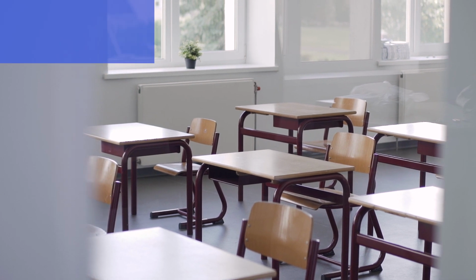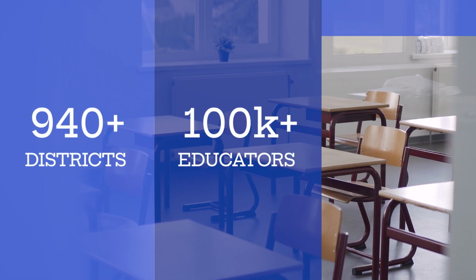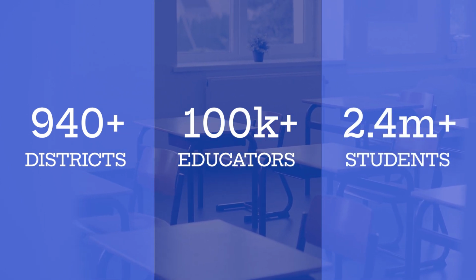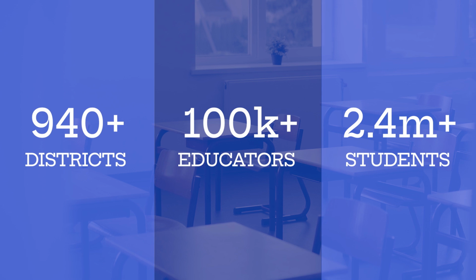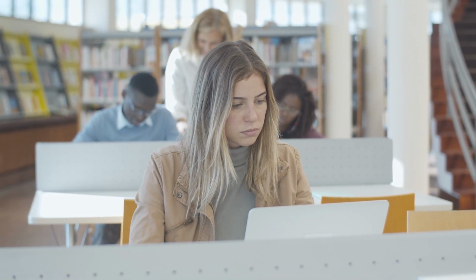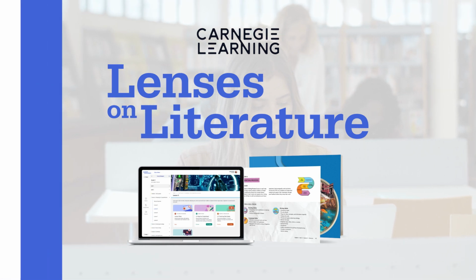Since 2009, over 940 school districts, over 100,000 educators, and over 2.4 million students have been involved in implementing and refining the task-driven LDC instructional model. This powerful instructional model is the heart of the newest literacy solution from Carnegie Learning, Lenses on Literature.